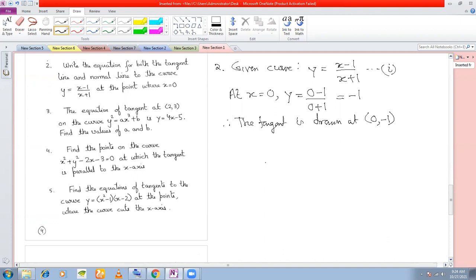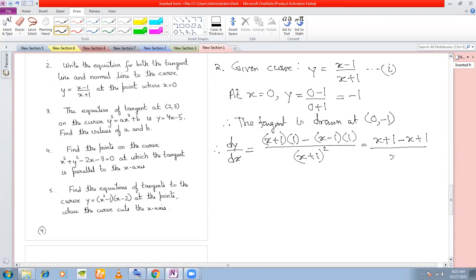Now we will proceed to find dy/dx, because we want to find the slope of the tangent. Therefore, dy/dx, you can find by the u by v rule, is equal to (x plus 1) into 1 minus (x minus 1) into 1, divided by (x plus 1) whole squared. That is x plus 1 minus x plus 1, divided by (x plus 1) whole squared.